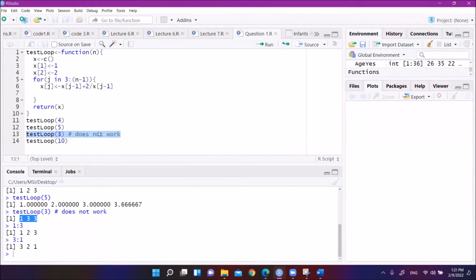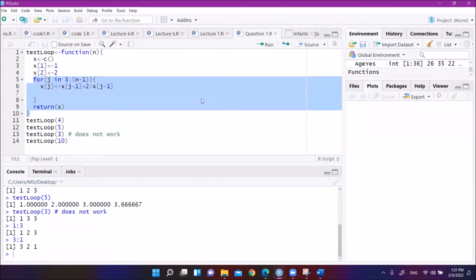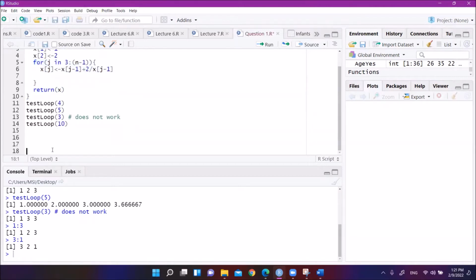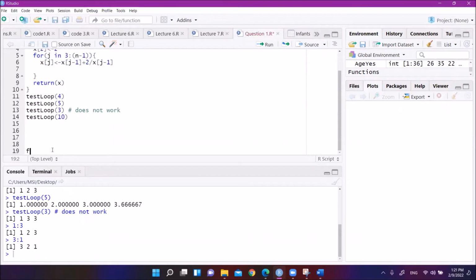So nice job done. So we learned something new. For loops can go in reverse order. Okay, so updating values is something like this. Let's say some value f. We substitute 3.